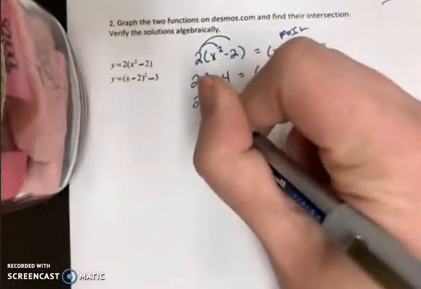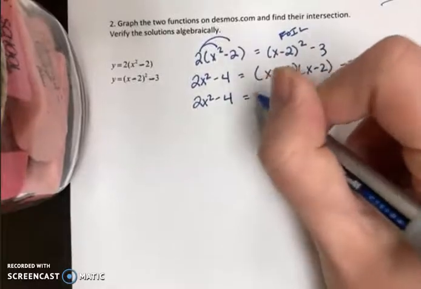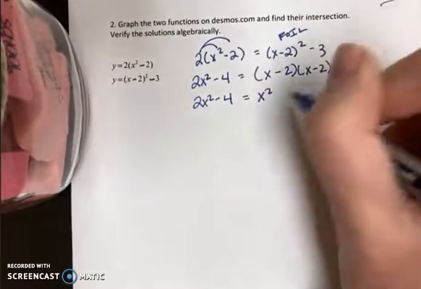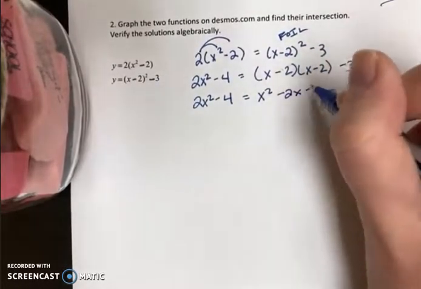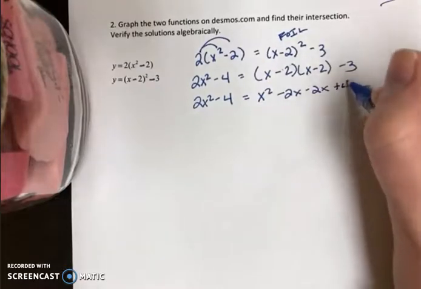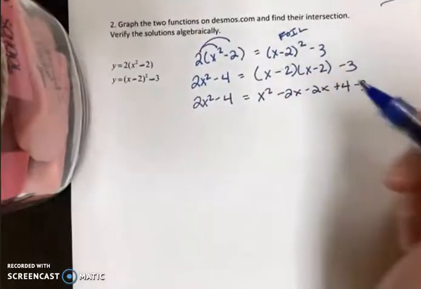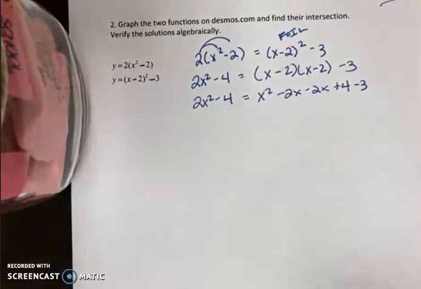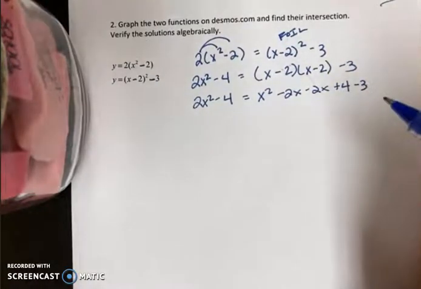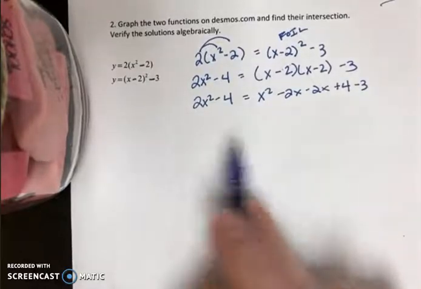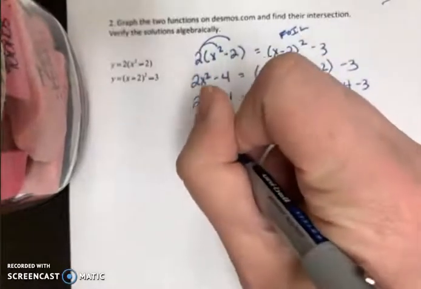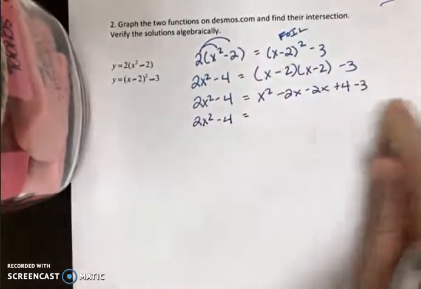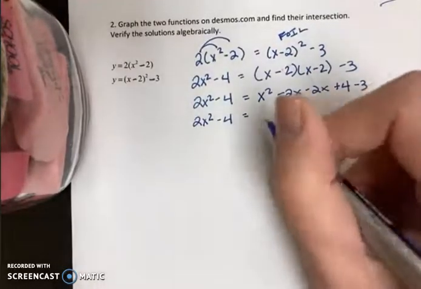FOIL that out. I have 2x squared minus 4 equals x squared minus 4x plus 4. Combine like terms. Because I have a 2x squared here, I like to keep it so that it's positive. So I'll move everything here. It might be easier if I go ahead and combine like terms first before moving it to the left-hand side.